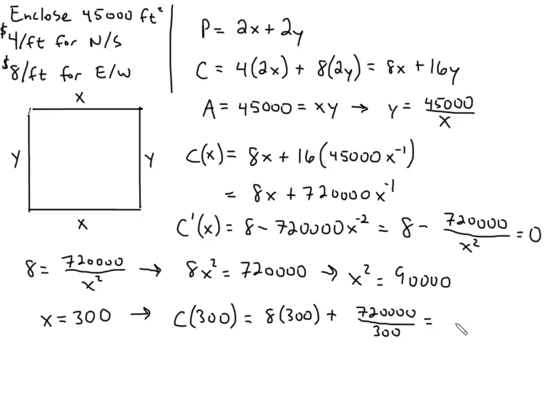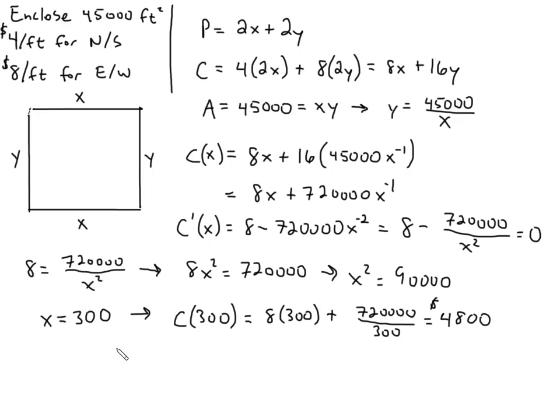So if we plug that in, we get 8 times 300 plus 720,000 over 300, and we get a cost of 4,800 dollars will be the units on this. Okay, so that is the minimum possible cost to make this fence with these requirements, that it has to enclose 45,000 square feet and the cost of these as written.